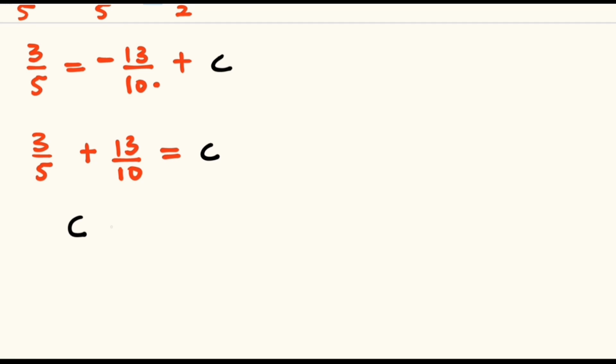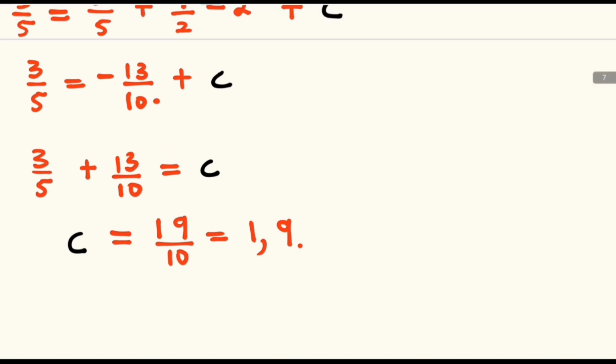And our constant c will be equal to 3 divided by 5 plus 13 divided by 10, which is equal to 19 divided by 10, which we can also express as 1.9. So we have determined the value of c as 1.9.